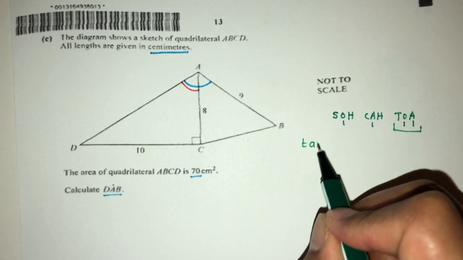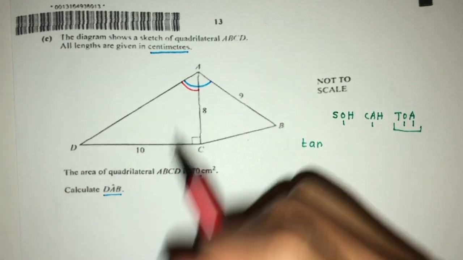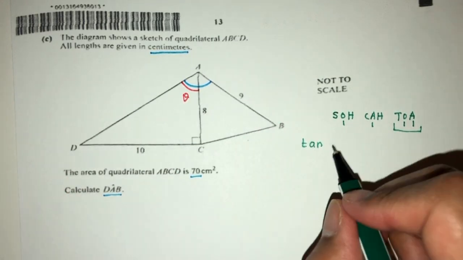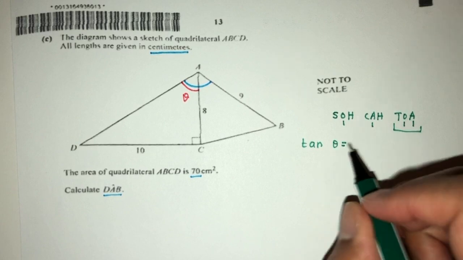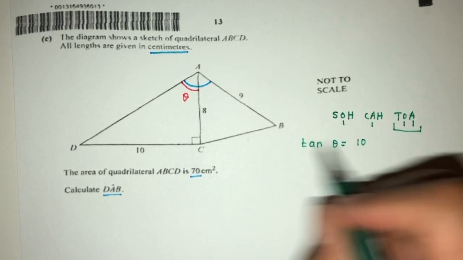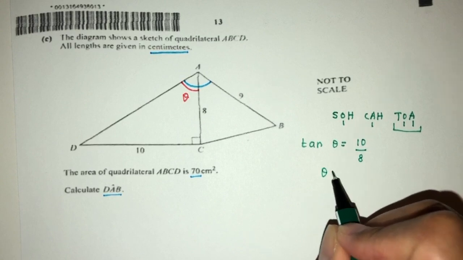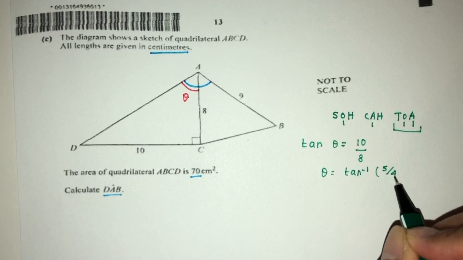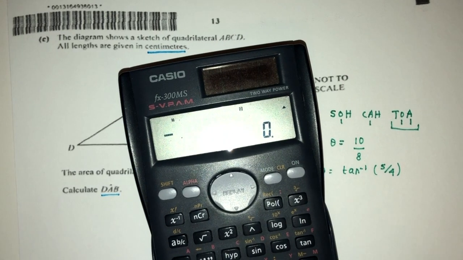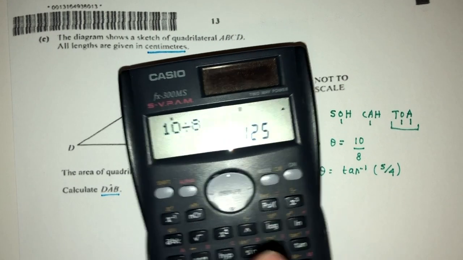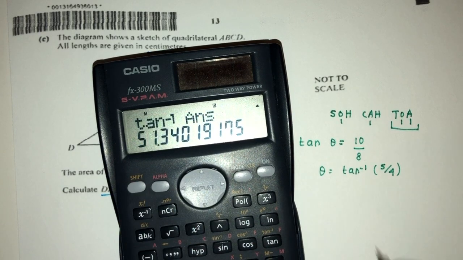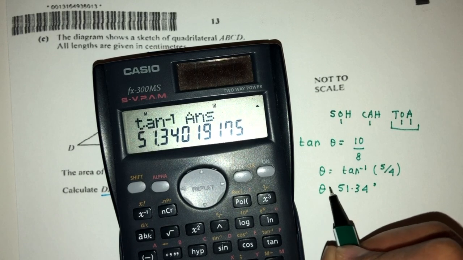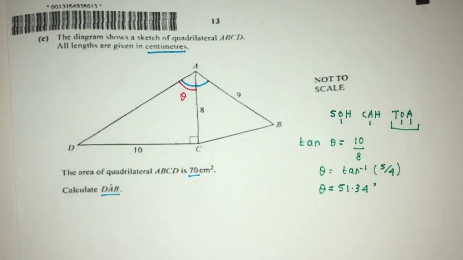So tan of the angle, let's call this angle theta, has to be the opposite side, 10, over the value of 8. So theta will be tan inverse of 5 over 4. So 10 divided by 8, tan inverse of the answer should be 51.34 degrees for theta.